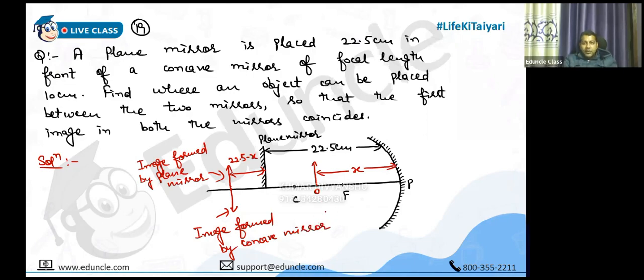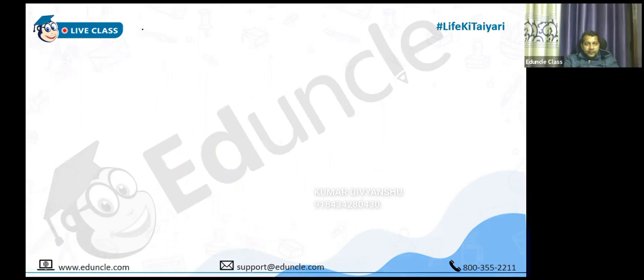Please check. So v is 22.5 plus. Okay, let me write. Now it has become very simple. So u is how much? Minus x, na? And v is minus of 22.5 plus 22.5 minus x, na? Please check.